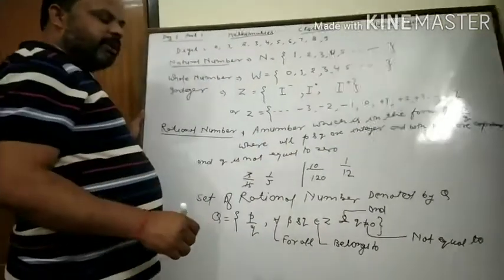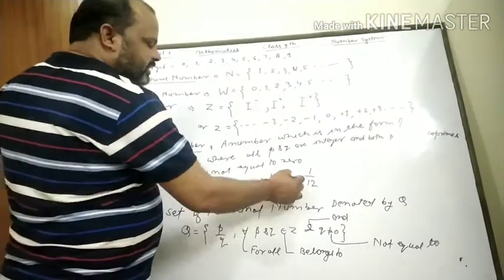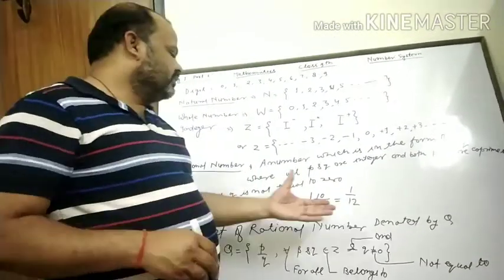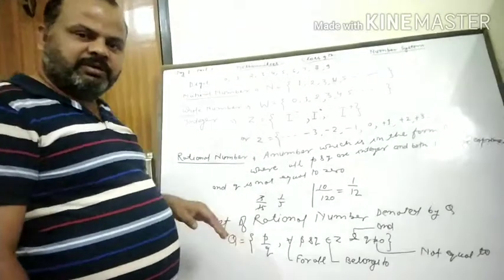Then 1 upon 12 is the simplest form of this rational number. Both are rational numbers. Clear? And both are called equivalent rational numbers.